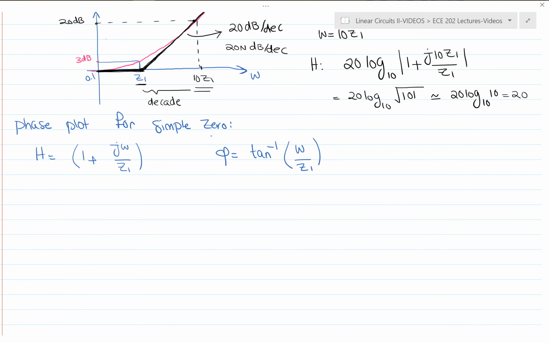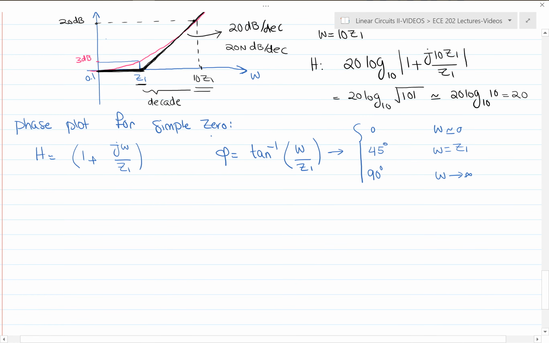So let's see how I can draw the phase plot of the Bode plot. For small values of omega, approximately equal to 0, we're going to have tangent inverse of 0, which is 0. When omega goes to infinity, we are going to have 90 degrees, right? And when omega is equal to the breaking or corner frequency, we're going to have tangent inverse of 1, which is 45 degrees.